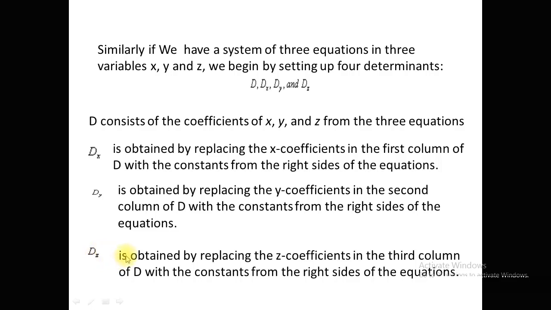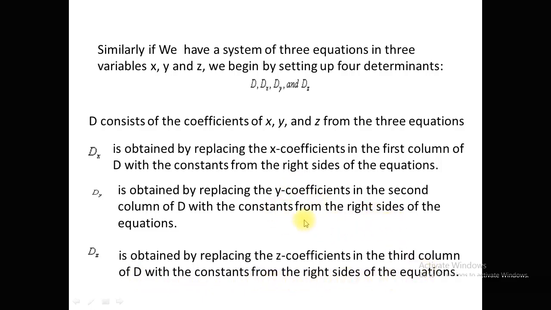Dz is the new determinant for the value of z, and it is obtained by replacing the z coefficients in the third column of D with the constants from the right sides of the equations.